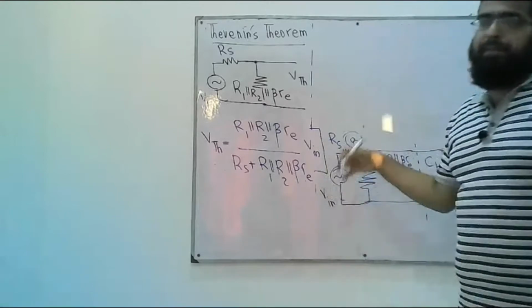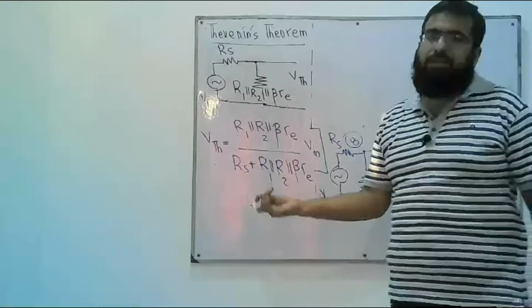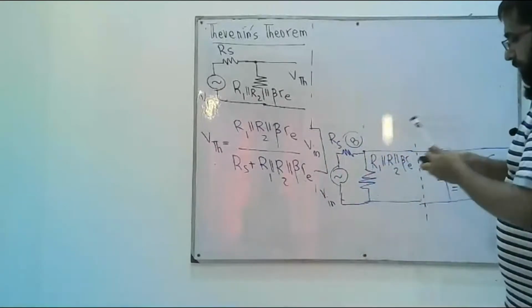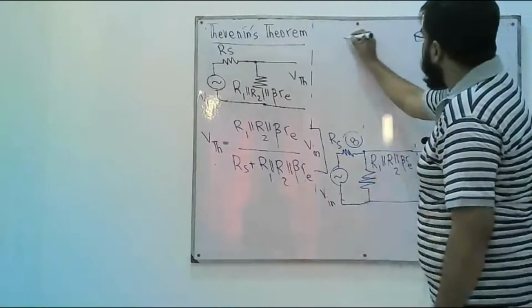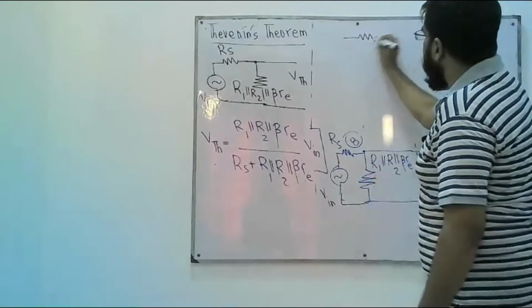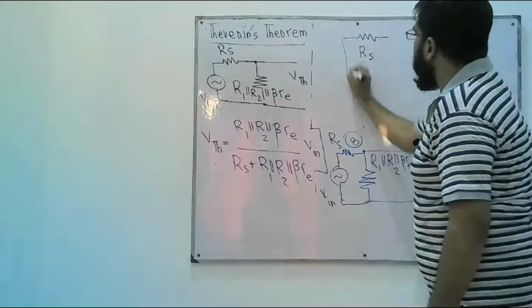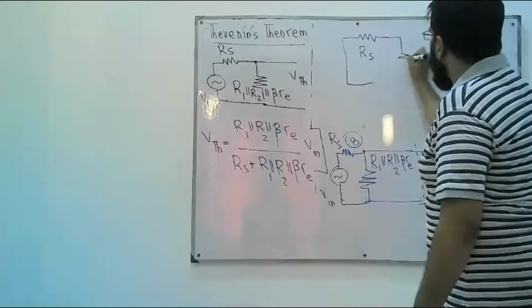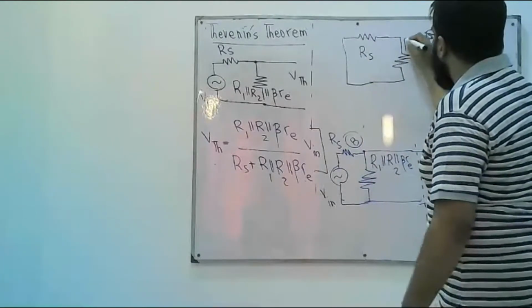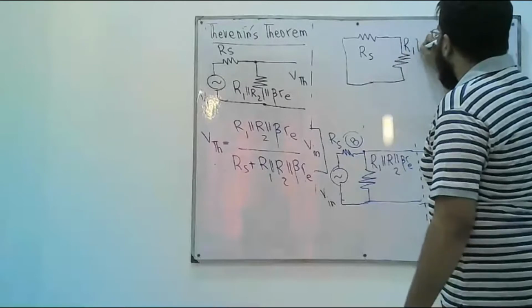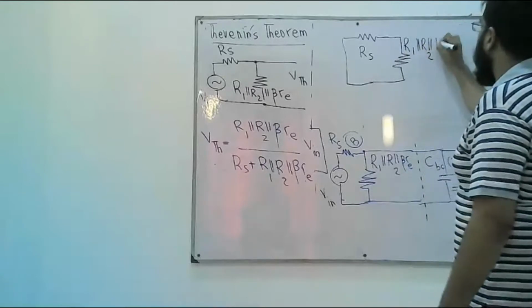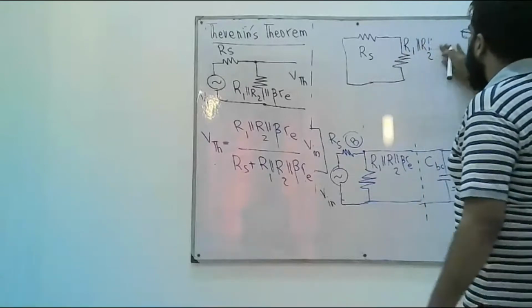The internal impedance of a voltage source is very small, it's ideally 0. So to find R Thevenin, we replace the voltage source with a short circuit, and we have this resistor R1 in parallel with R2 in parallel with beta Re.